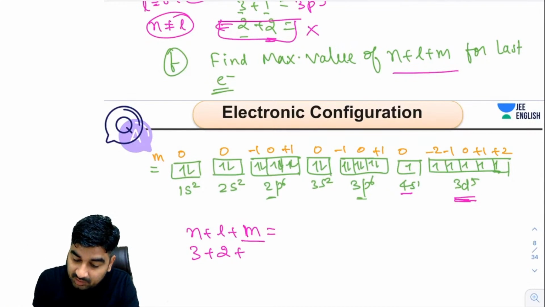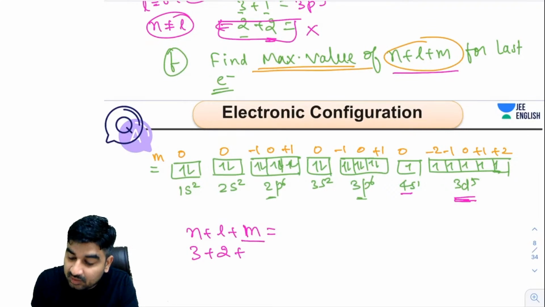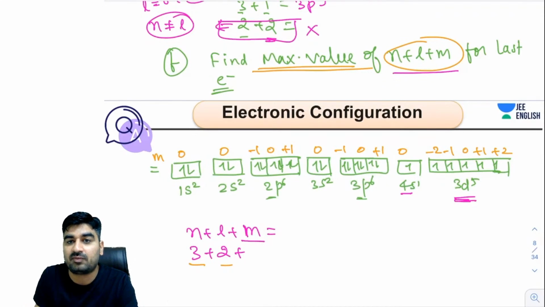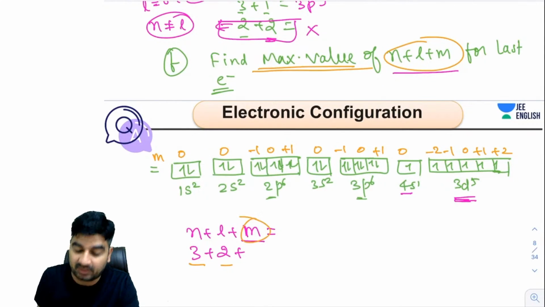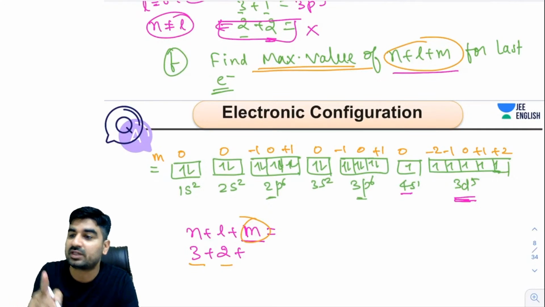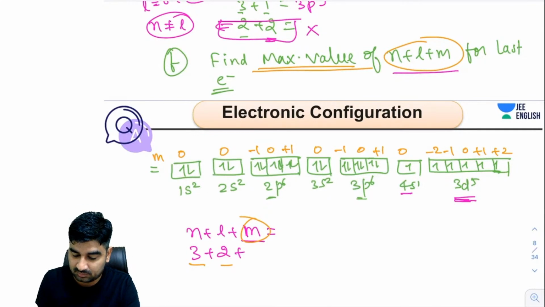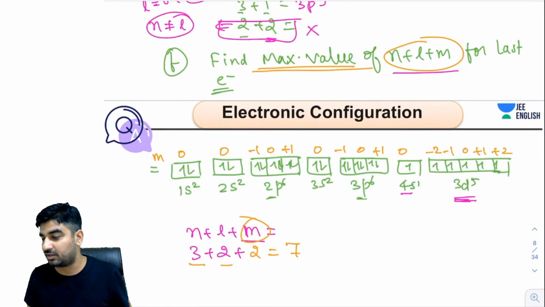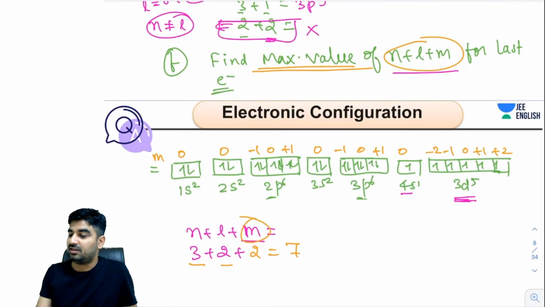So I'm saying the maximum value of this will be when n and l are fixed, so its maximum value will be when m is maximum. What can be the maximum value of m? It is 2. 7. Yes, you got it right. Somil, Monica, Ketav, Shravati Reddy, yes, you got it right.